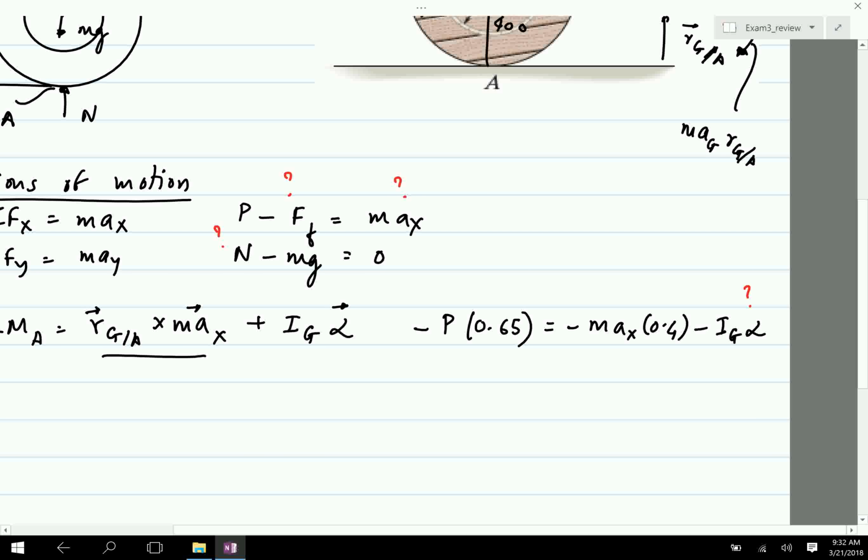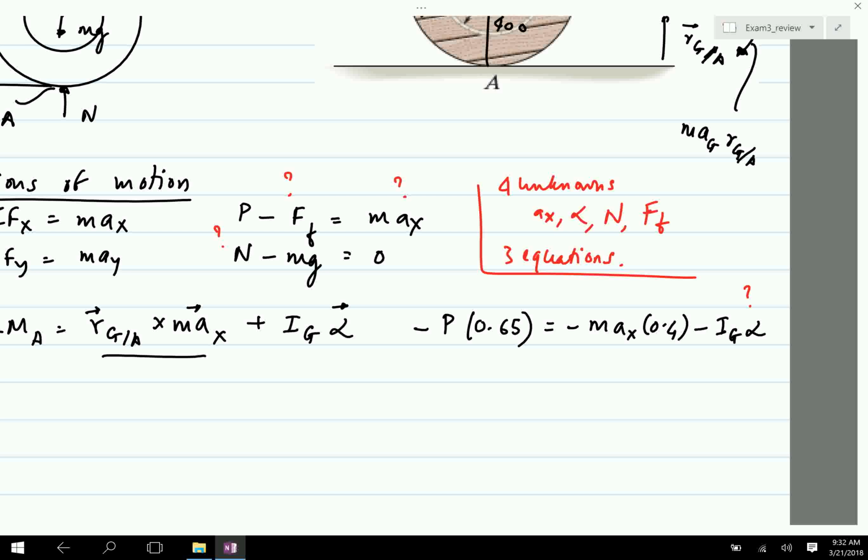So we have four unknowns: AX, alpha, n, FF, but three equations. Okay, so we cannot solve for four unknowns with three equations, so we need to generate the fourth equation.